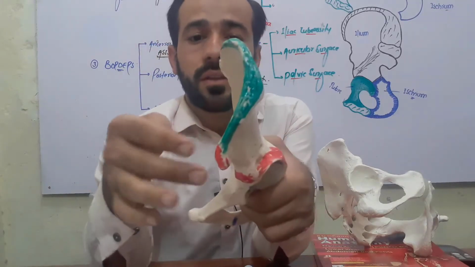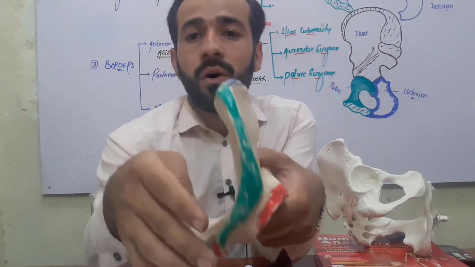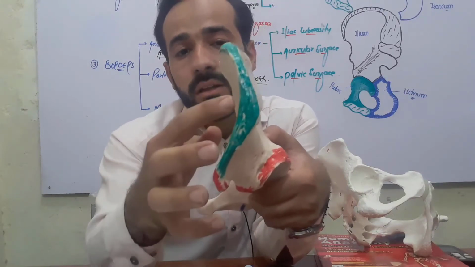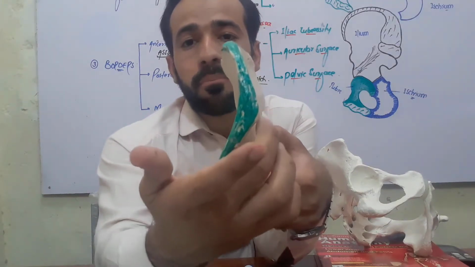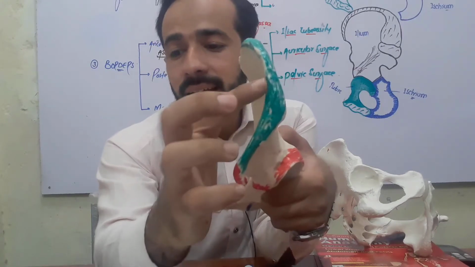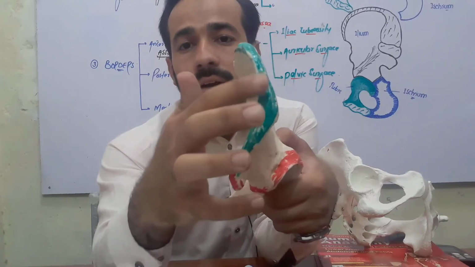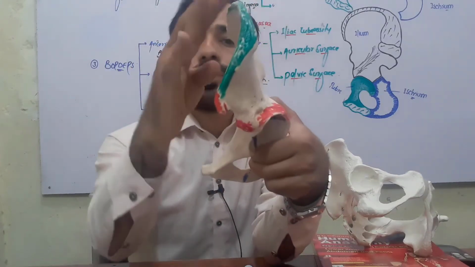So look carefully. This is your ventral end, and all this you can see in green color, ventral segment. The ventral segment has an outer lip, right, and a medial or inner lip, and an intermediate part, right? So these 3 are the parts of the ventral segment.